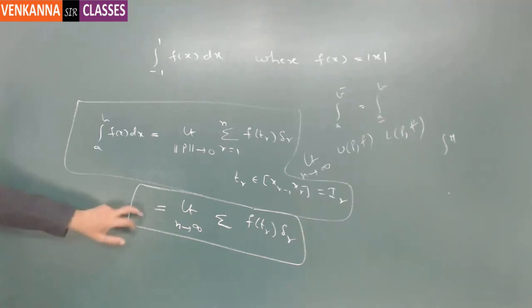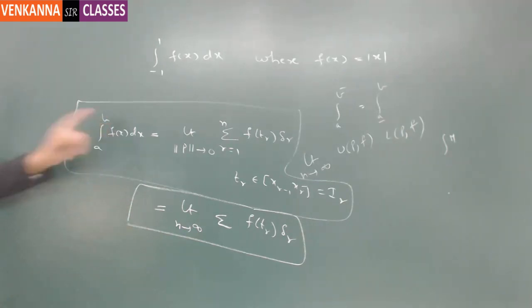We use this formula to calculate the integral. Please understand, here we are not calculating UPF and LPF; simply for the sum, we are applying the limit. Is it clear for all of you?